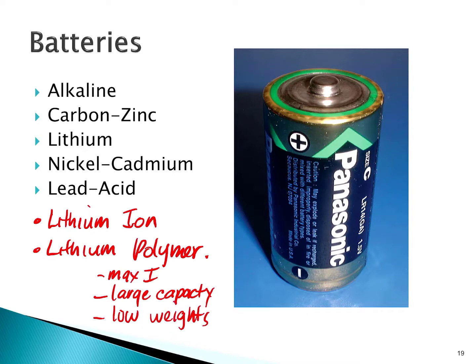Because of that, it's been the battery that's really let electric cars take off, electric planes take off, and all of your drones and things like that are electrically powered, because we came up with a very light, high current, high power capability battery. And these are the lithium polymer batteries.